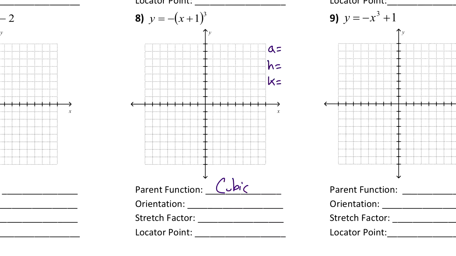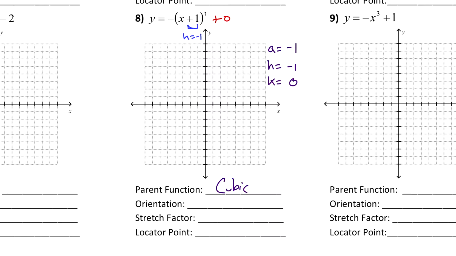In this case, there's a -1 in front. The h value is also -1. And the k value is 0. There is no k value, so it's a 0. And this is your h. All right, h is -1.